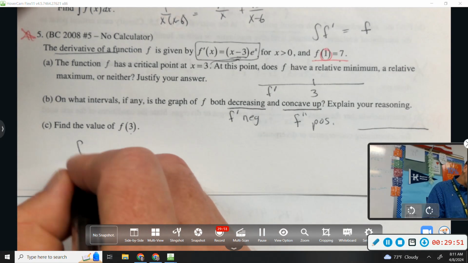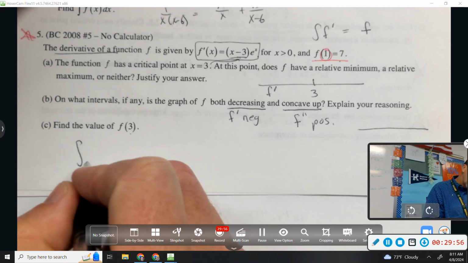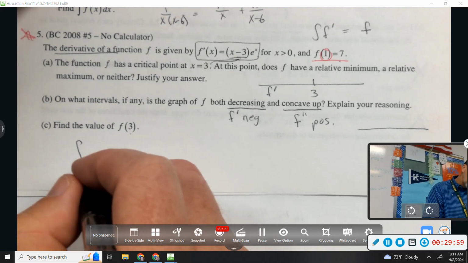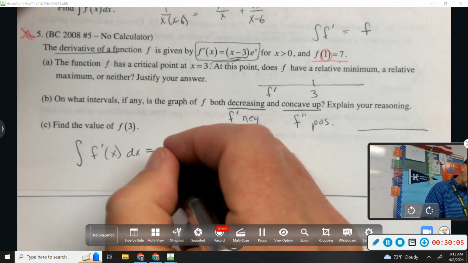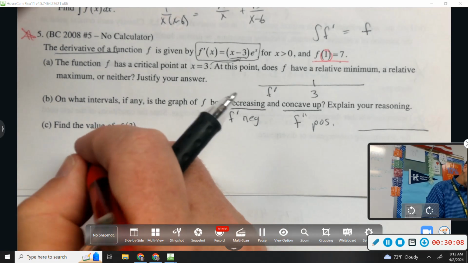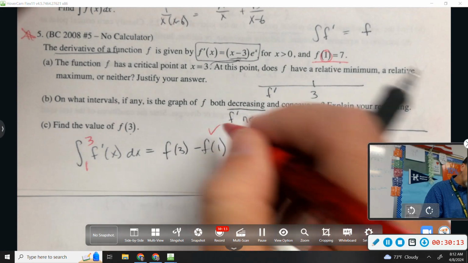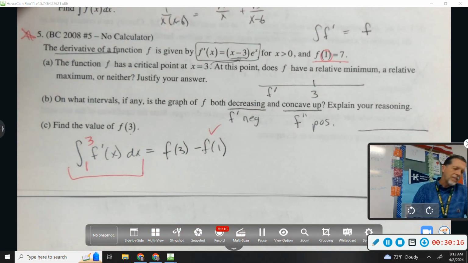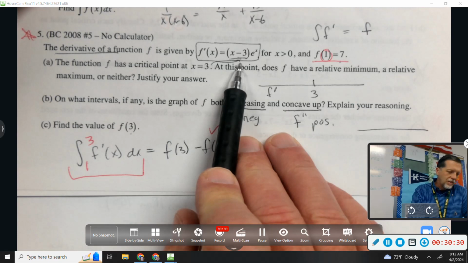Find the value of f of 3. Well, the antiderivative of f prime is the change in f. So 1 to 3, f of 3 minus f of 1. We know f of 1. We can find that. Although that would be kind of tricky. Do we know enough to find that? Do we know enough to integrate this?